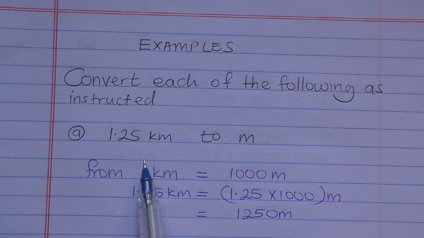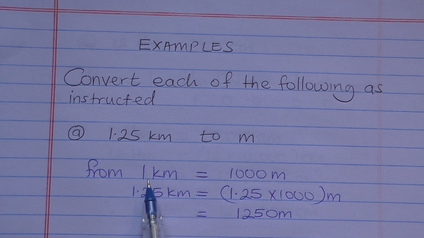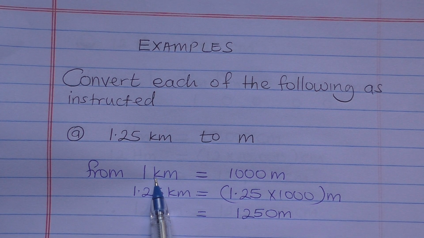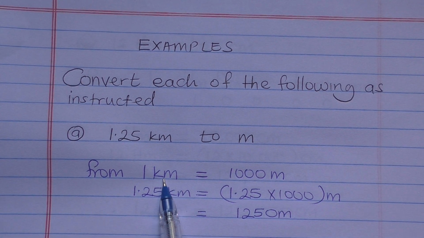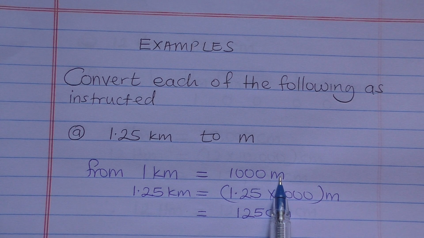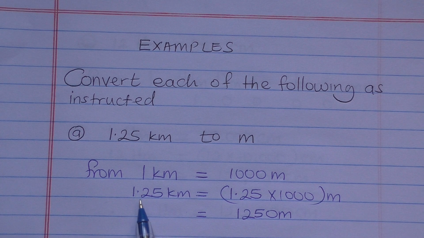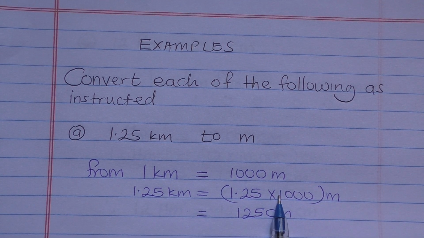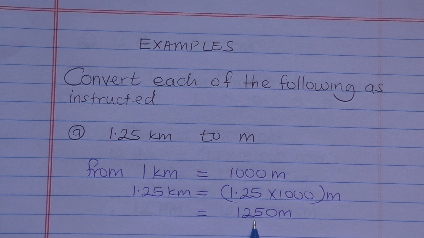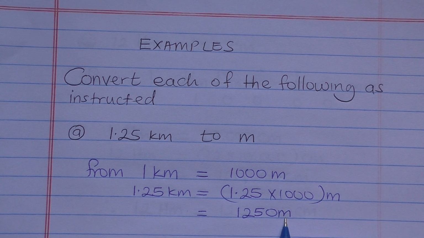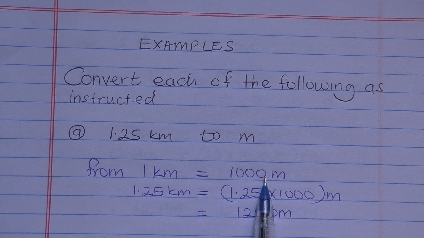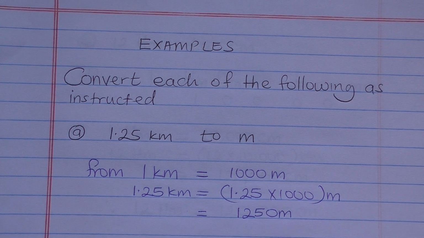Since I'm changing from a bigger unit to a smaller unit, because kilometer is bigger than a meter, it means that on my table I'm moving from left towards right. So I will multiply 1.25 by 1,000 to give me 1,250 meters. So from bigger units to smaller units, we multiply.